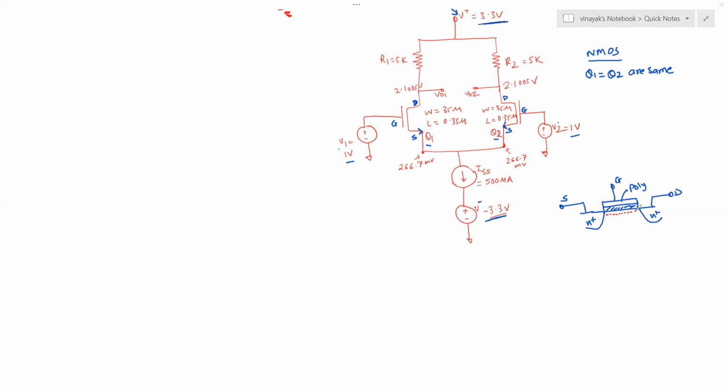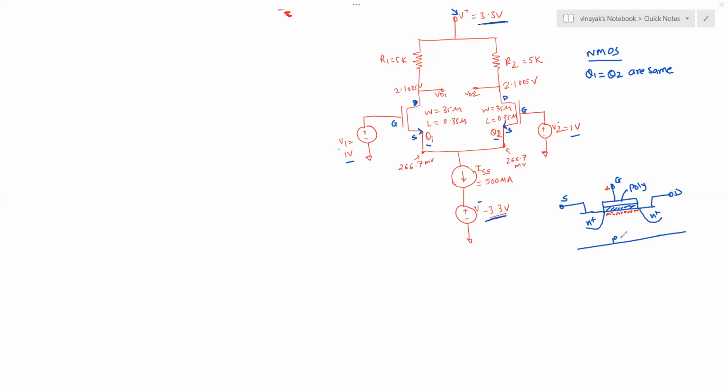When you apply a sufficiently positive voltage on the gate pin, the negative charge carriers from the P type substrate, where you have plenty of holes and the minority carriers are electrons, are attracted.